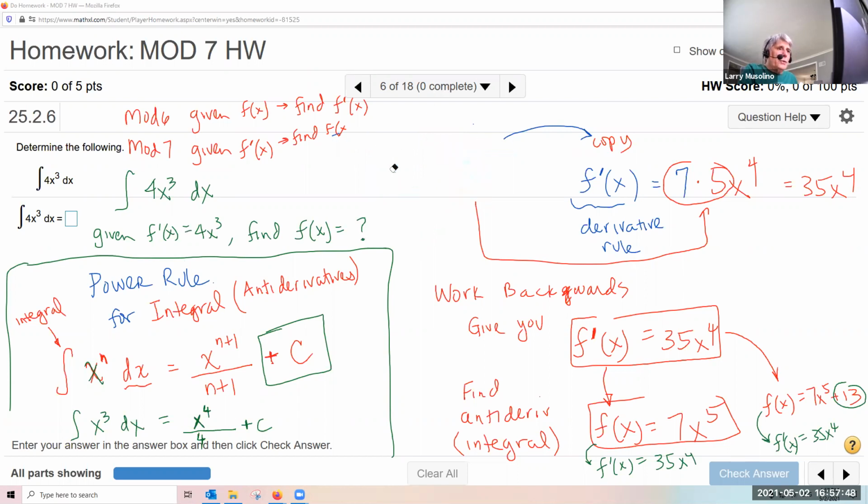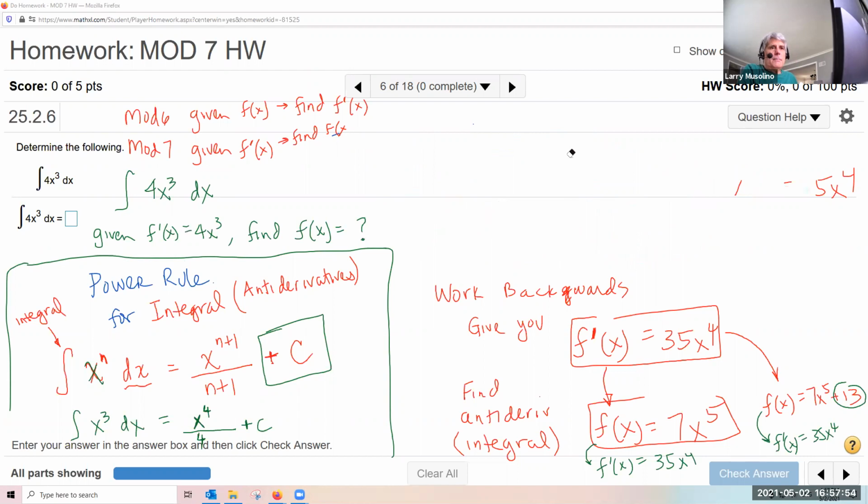Well, the power rule says if you have a constant multiplying a function, you can bring that constant out in front of the integral sign. So in my example, I have this number 4 here. If 4 is multiplying x like this, I'm allowed to bring it out in front because that's just going to make it easier to work with. So now I'm going to bring the 4 out in front. And now this is the integral of x to the 3 dx.